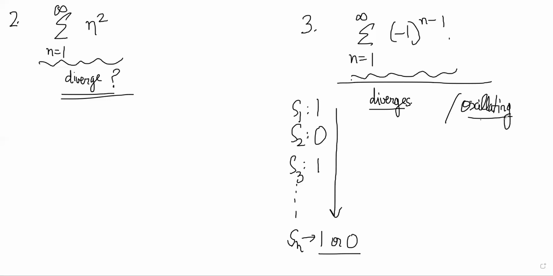Definitely it does not converge, right? It has two subsequences. One subsequence has limit 0 and one subsequence has limit 1. So the subsequences do not have the same limit, right? So the overall sequence cannot converge. For it to converge, the two subsequences have to have the same limit.